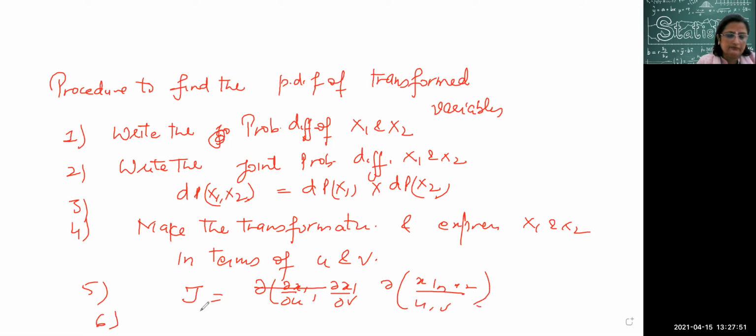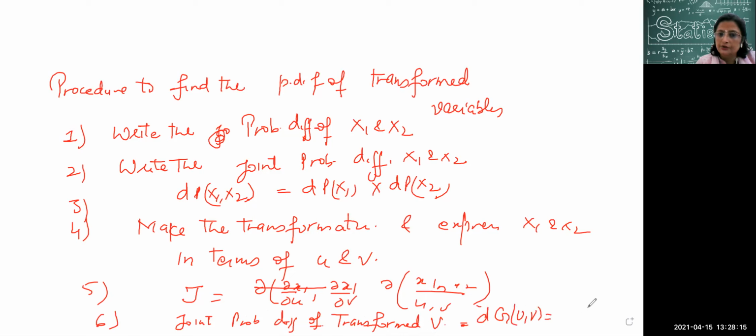Number 6 step is now the joint PDF, the joint probability differential of the transformed variables. This is written as dG(u,v), which is equal to dP, the joint probability differential of x1 and x2 in terms of u and v, into the Jacobian of transformation. All this will come together into du dv, right?